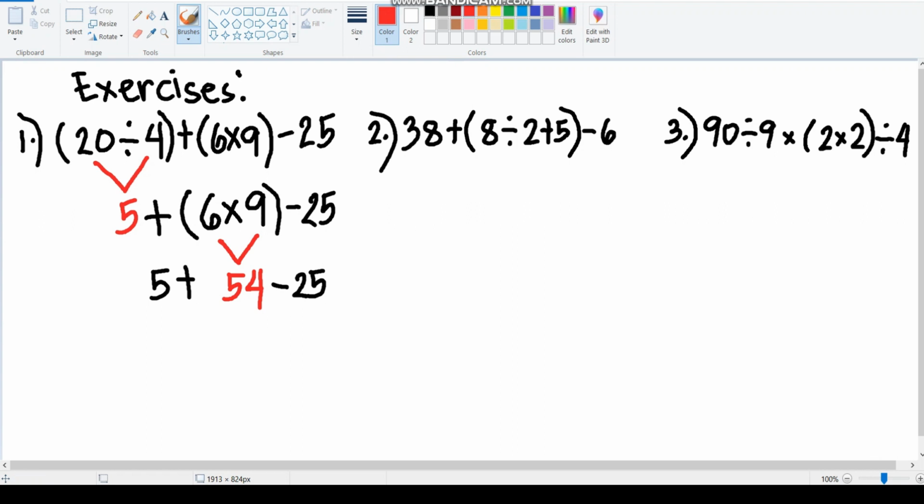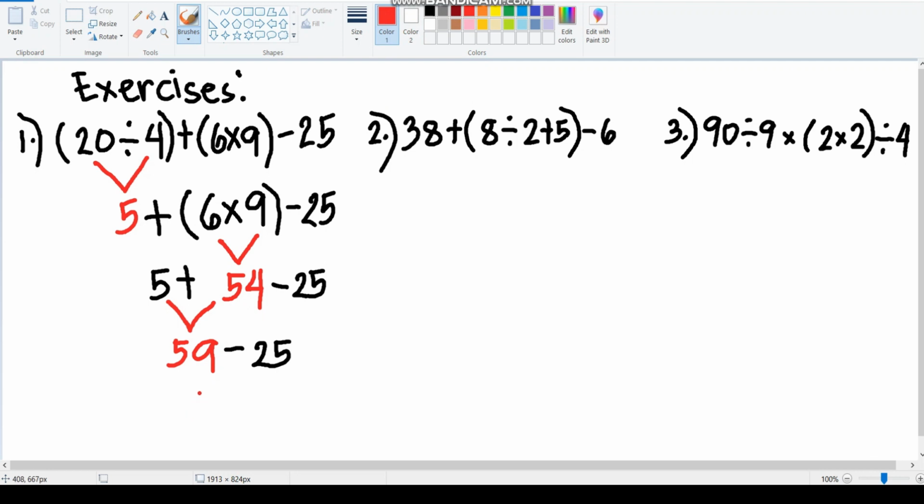So according to the rule that if the remaining operation is subtraction and addition, we have to solve from left to right. So we start with the 5 plus 54, that will be 59, and just copy the remaining operation and number, minus 25.